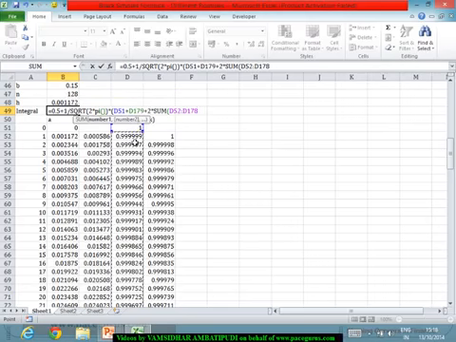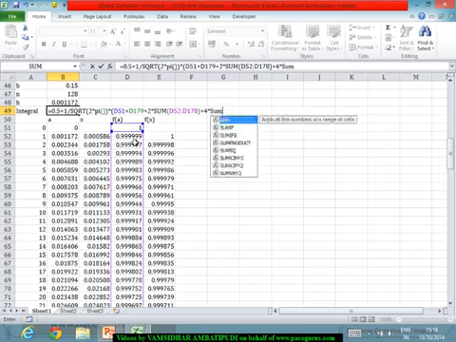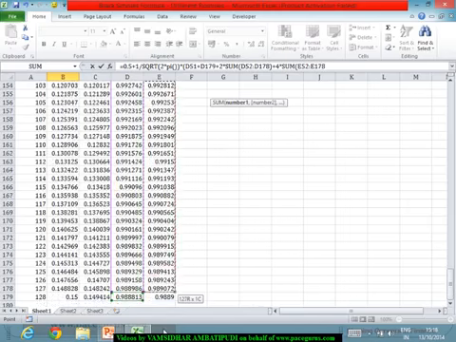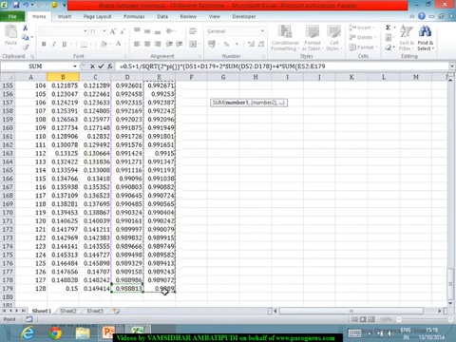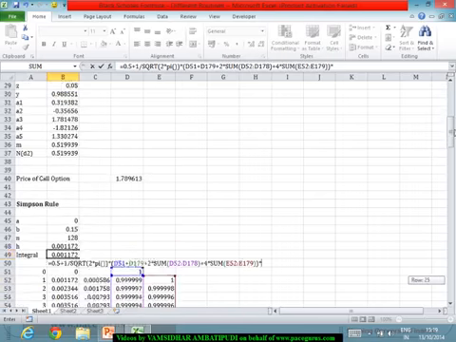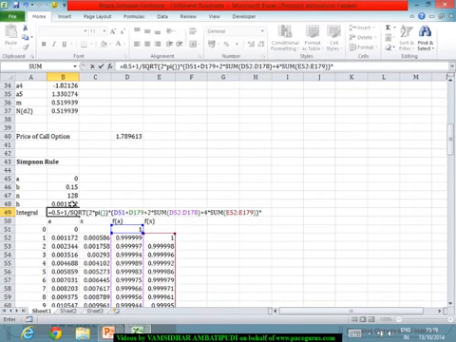All these plus 4 times the summation of f of x1 to xn. All these summations need to be multiplied by h and divided by 6.